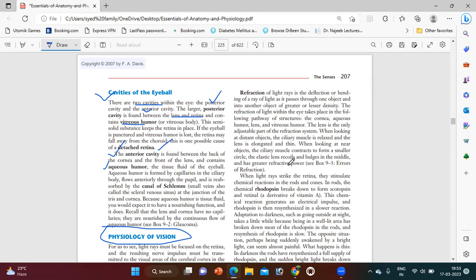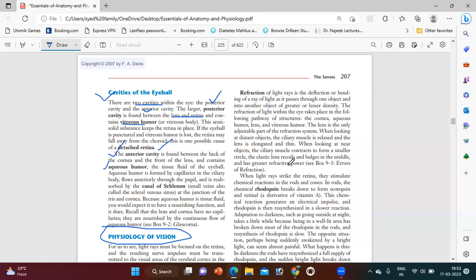First, the lens will adjust the refraction. Whatever rays are coming, it will adjust them to form a straight pathway.